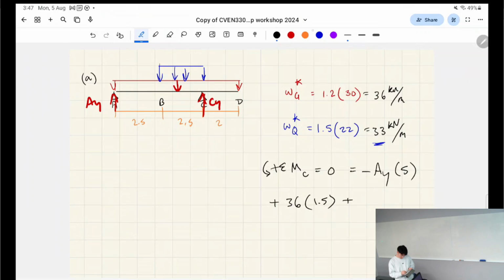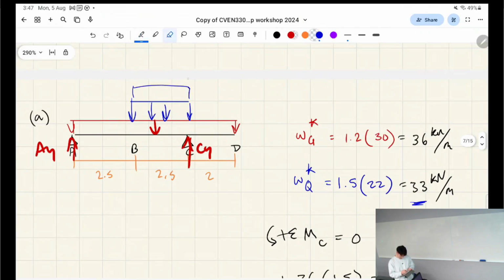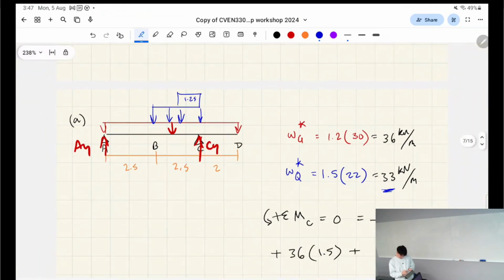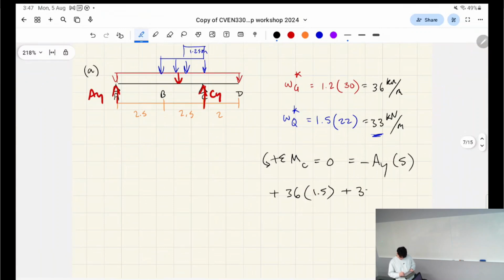But now, this is 2 meters away, right? The middle of this load is going to be slightly differently positioned, right? Basically, this whole thing is 2.5 meters, so half of this is going to be 1.25 meters, right? So it's going to be 33, 1.25 meters, right?